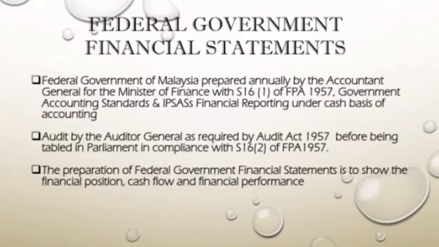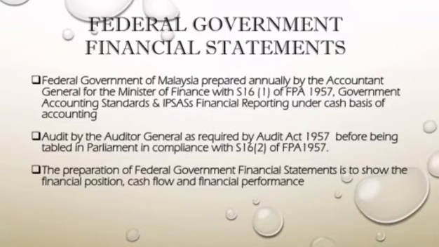Okay, next we continue on federal government financial statement. The financial statements of the federal government of Malaysia are prepared annually by the Accountant General of Malaysia in compliance with Section 16 Clause 1 of Financial Procedure Act 1957, Government Accounting Standards, and IPSAS, which is International Public Sector Accounting, Financial Reporting under Cash Basis of Accounting.